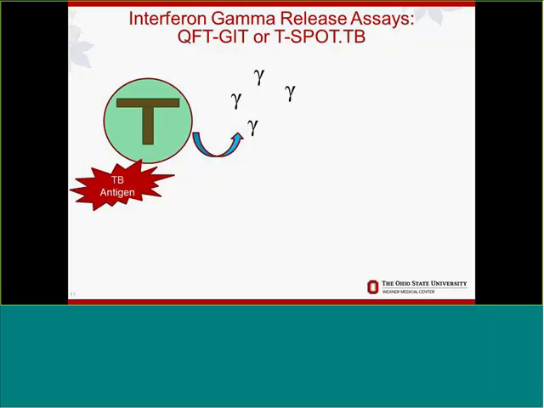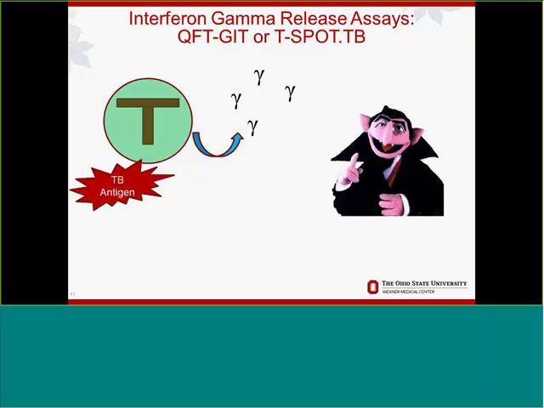These are very specific TB antigens that really have very little cross-reactivity with any other antigens present. And then they count the number, and they count it in reference to other baseline measures from the patient's blood samples.